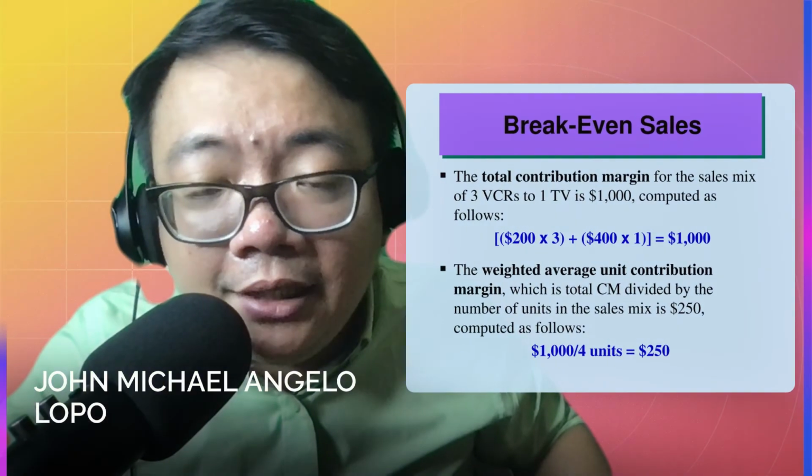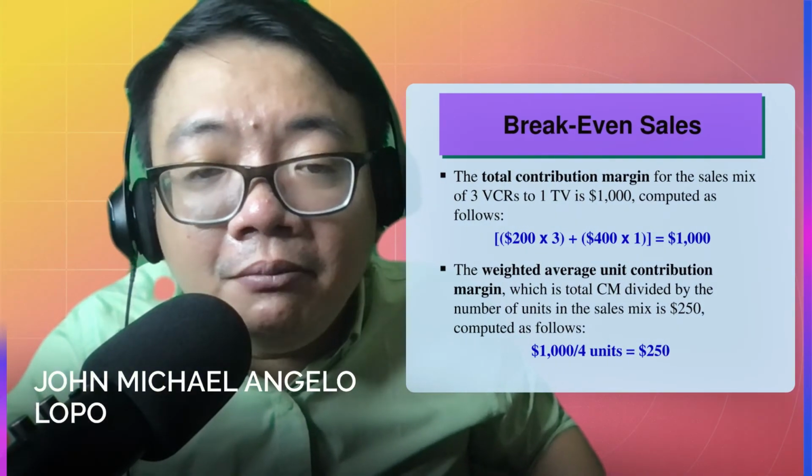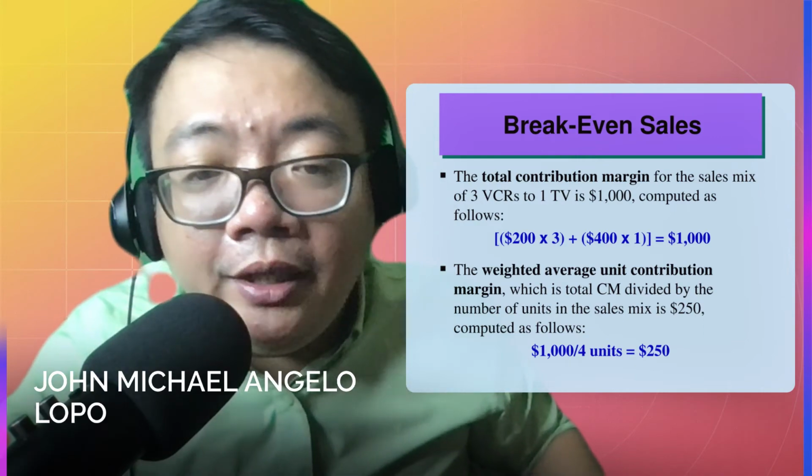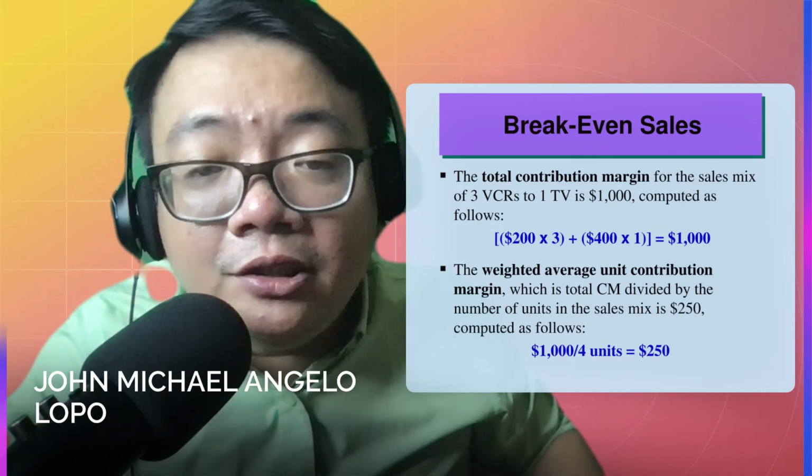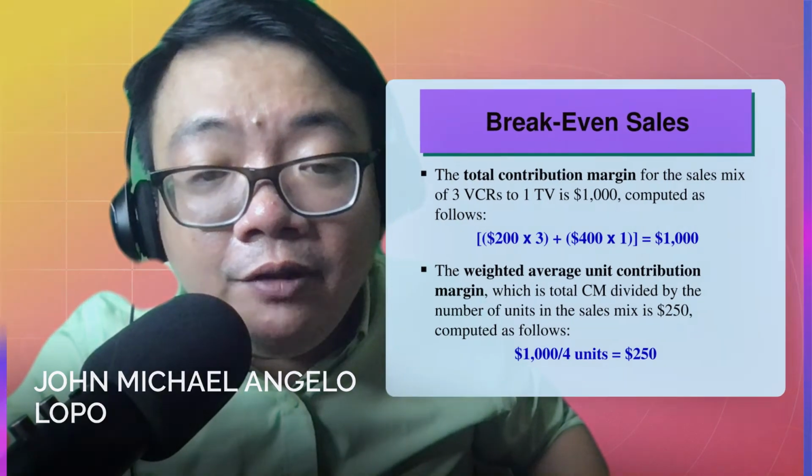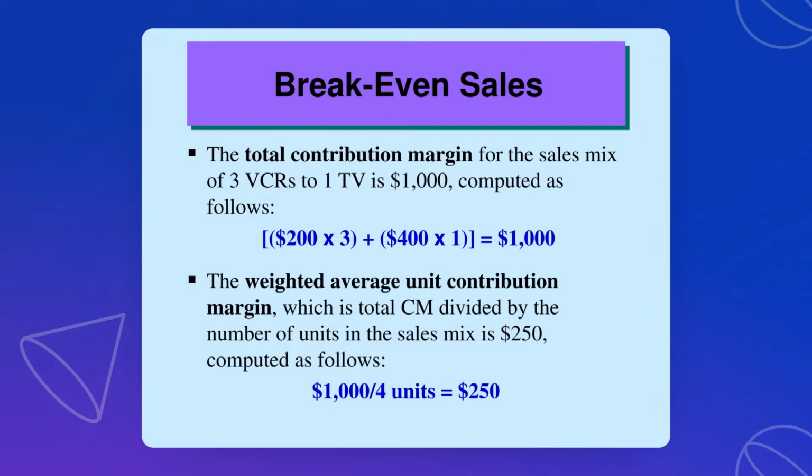We just multiply the CM by your sales mix. For the VCRs you have 3 and for the TV you have 1. So 200 times 3, plus 400 times 1. How much is our contribution margin, class? Our CM here is worth 1,000.